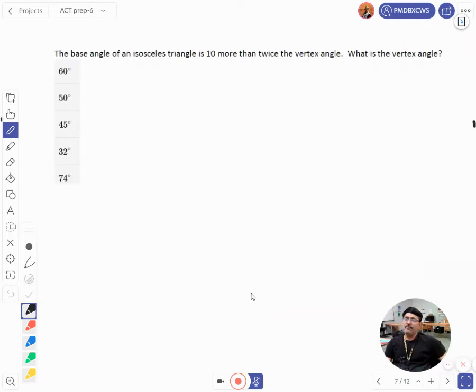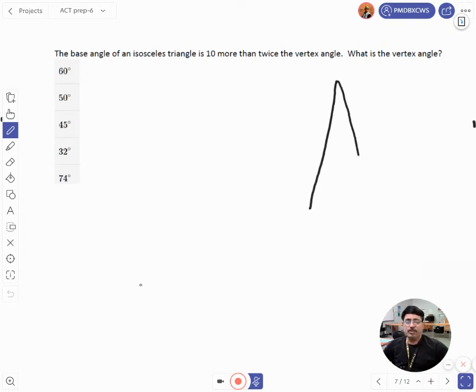The base angle of an isosceles triangle is 10 more than twice the vertex angle. What is the vertex angle? First of all, let's visualize the question. There is an isosceles triangle, which means two sides are equal and two base angles are equal.